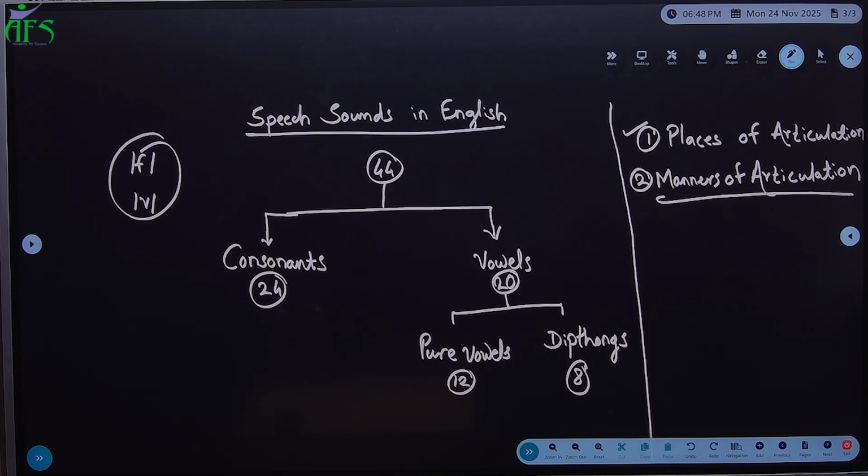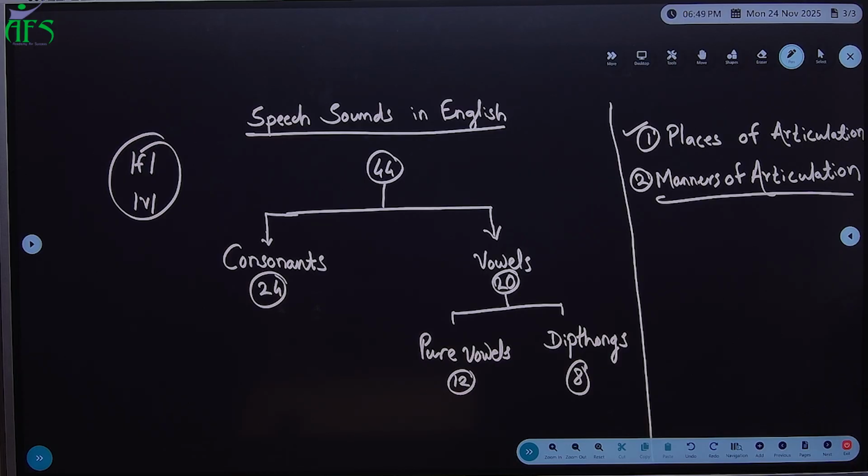After the nasal sounds, you will find fricatives. The production of the fricative consonants takes place when there is incomplete closure of air behind the articulators.